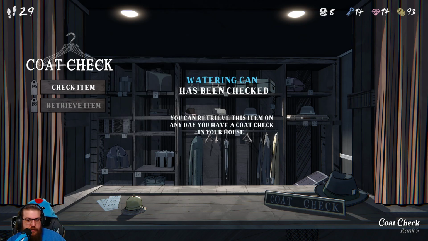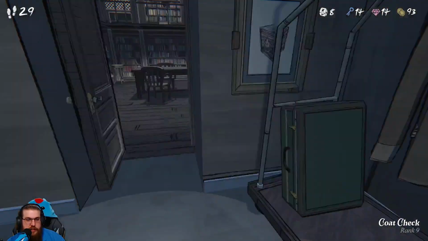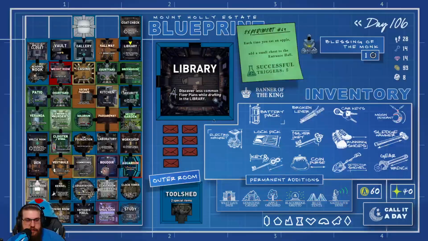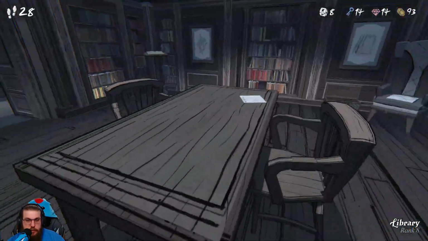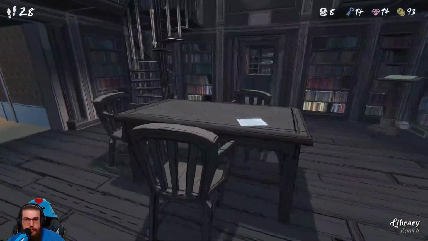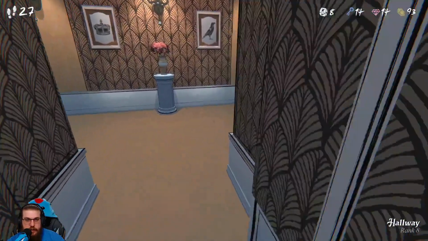You live here now. You live here now, watering can. I'll just spend rerolls to try to get the freezer and freeze my assets for the day and call it good.